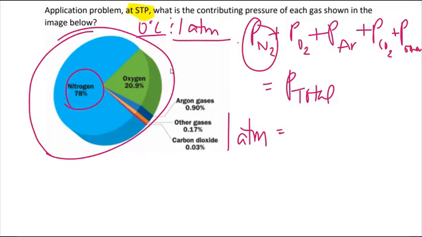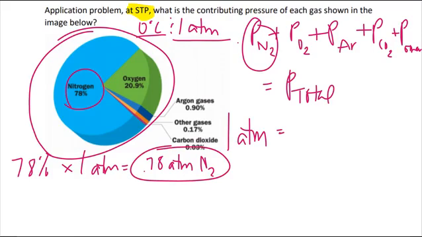All I need to do is take 78% times 1 atm to get 0.78. This is for my nitrogen, so my nitrogen pressure is 0.78 atmospheres.